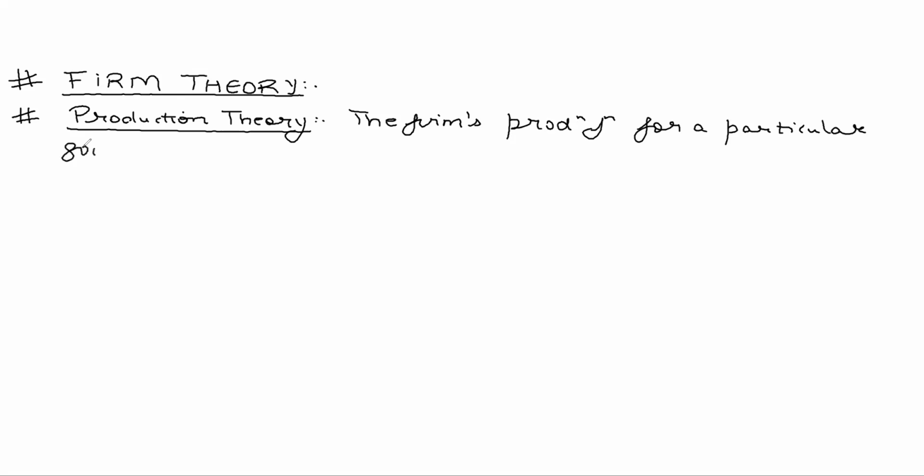Okay, so all of us know, let's recall the firm's production function. The firm's production function for a particular good Q is given by output, which is Q, is a function of the inputs, which are capital and labor.